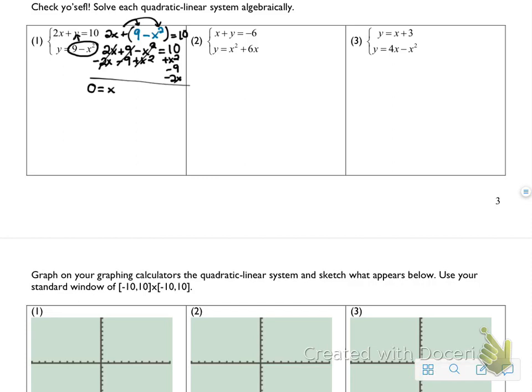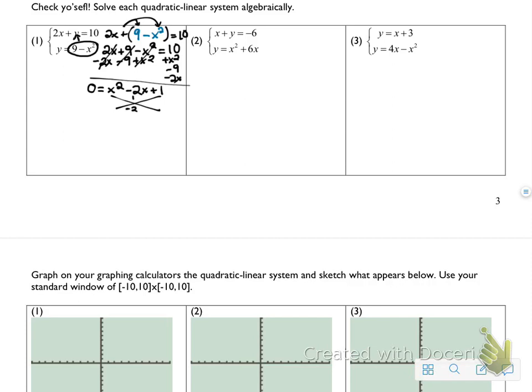We end up with a positive x squared, then we have a negative 2x, and 10 minus 9 is positive 1. So let's go ahead and factor this. We do our cross method, 1 goes on top, negative 2 goes on the bottom.